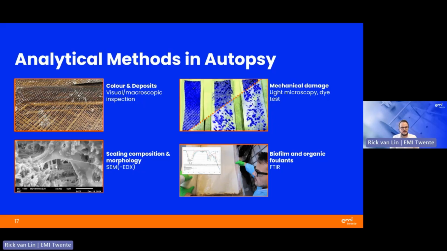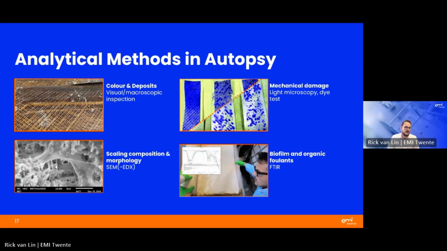And this is then information to look into to determine what other analytical methods are needed up next. And typically the first analysis up next is SEM, so field emission SEM or SEM EDX, to look at scaling, composition, and the morphology thereof.